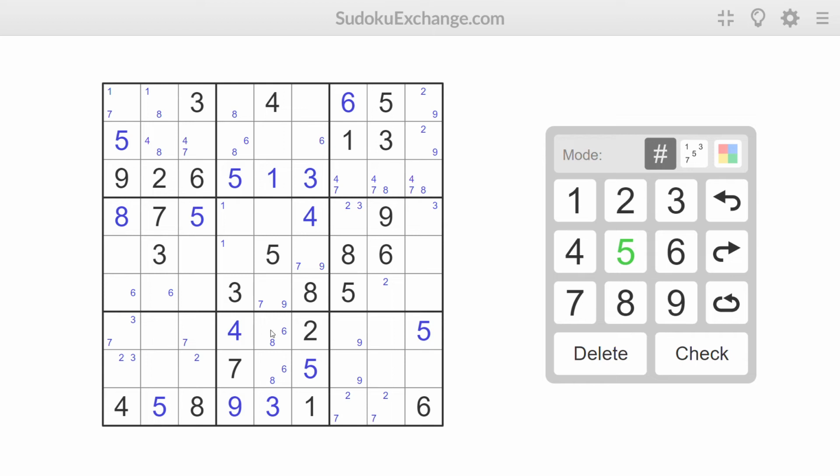Six. Okay. Now, because of these two 6s, this cannot be a 6. This cannot be, and this cannot be a 6 because of the 7 and 9 pair. These two candidates ensure that this spot cannot be a 6. So, pair of 6s here.